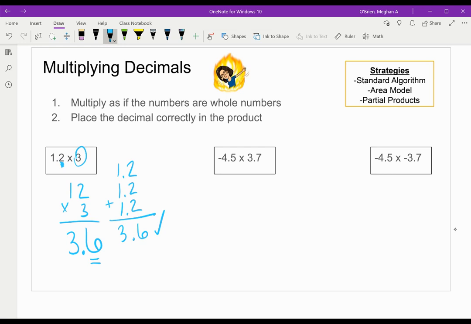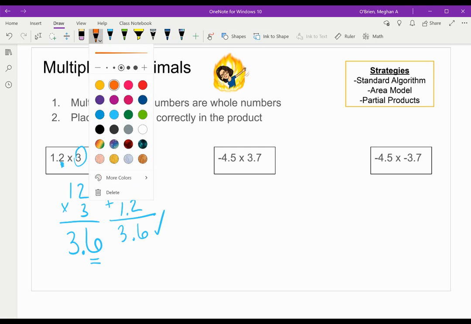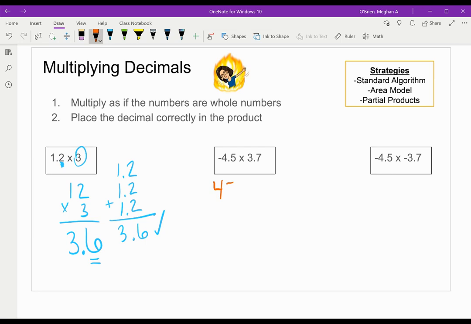Oh, I see. And one's a negative and one's a positive. Are you already thinking about what your product sign will be? I hope so. Let's follow the steps. Use a different color. Let's just pretend it's 45 times 37.